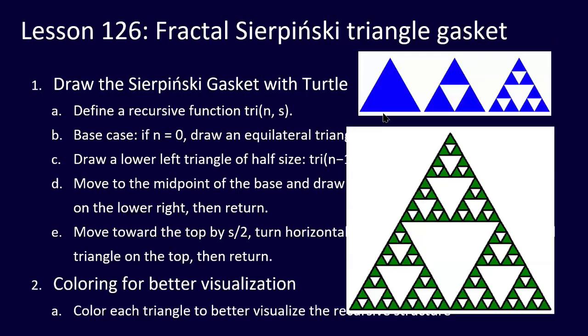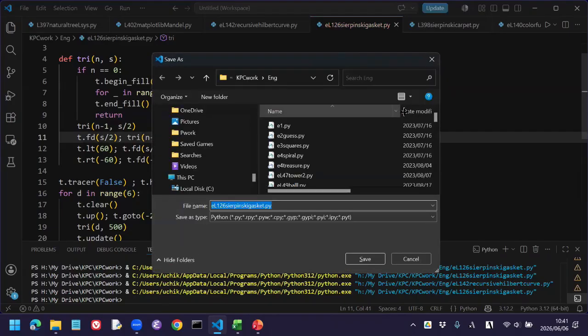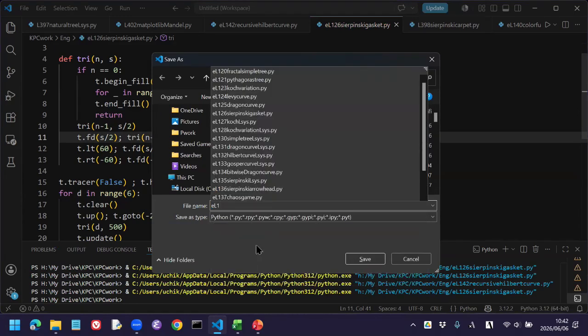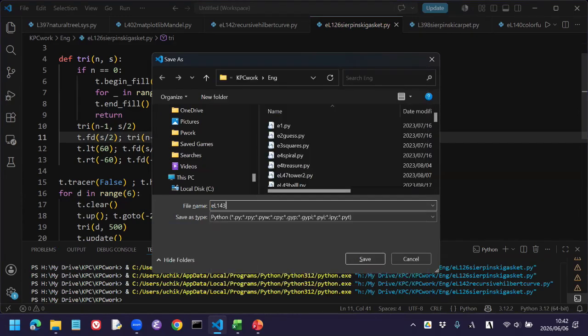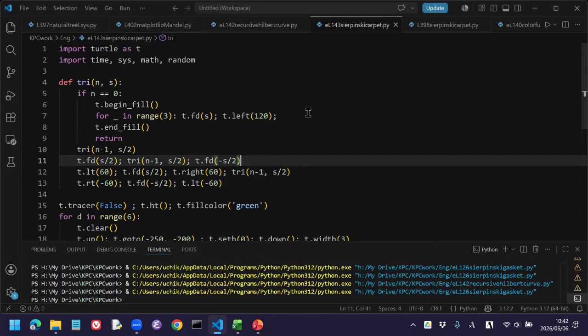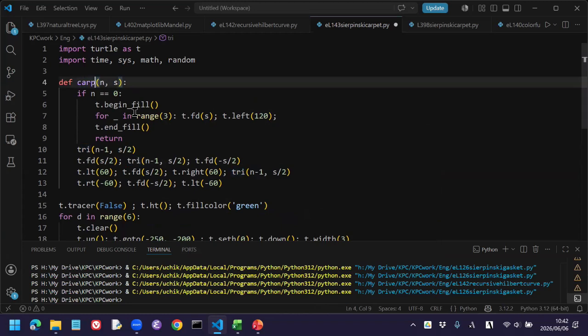We will save it as EL143 Sierpiński carpet by recursive calls. Instead of a triangle, we will draw a carpet. The base case is the same.